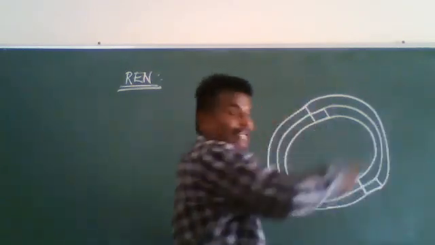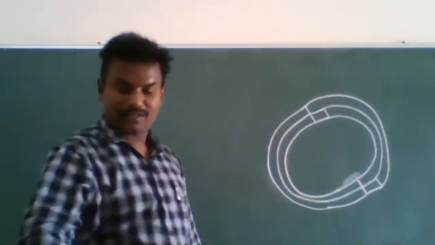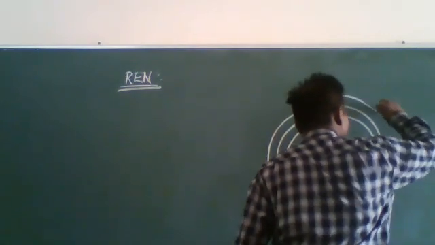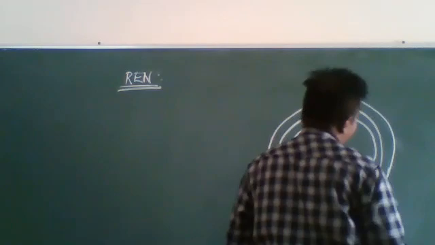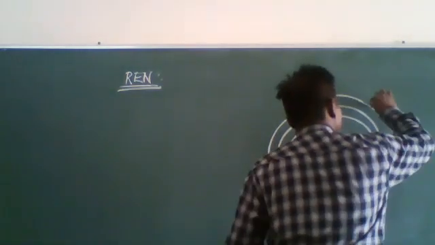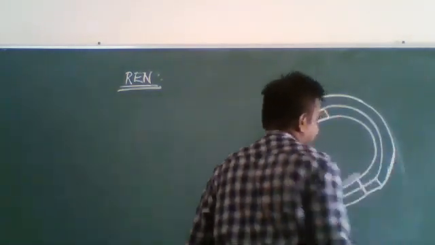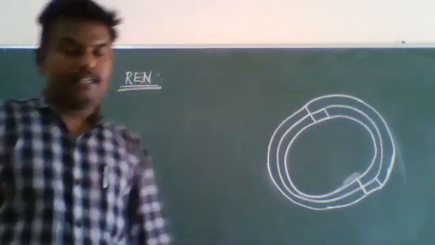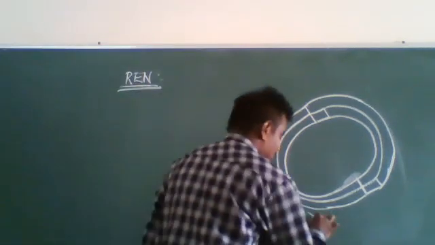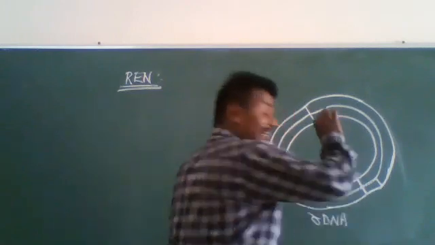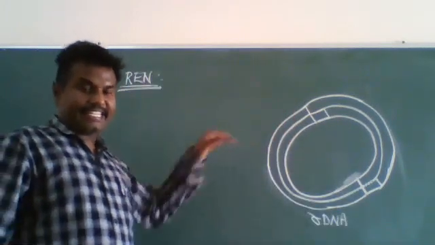This is called one circle. Like that it forms recombinant DNA.